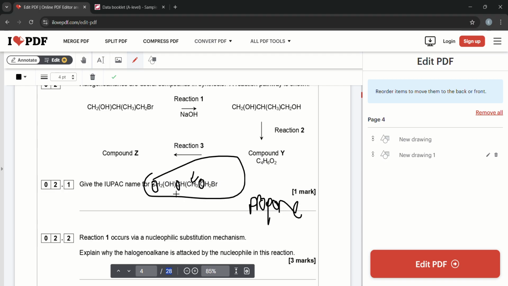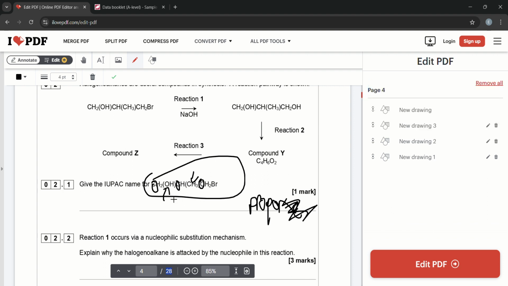We know there's an alcohol OH on the first carbon, because CH2 bracket OH. So we've got an alcohol on the first carbon, a methyl on the second carbon, and a bromo on the third carbon.